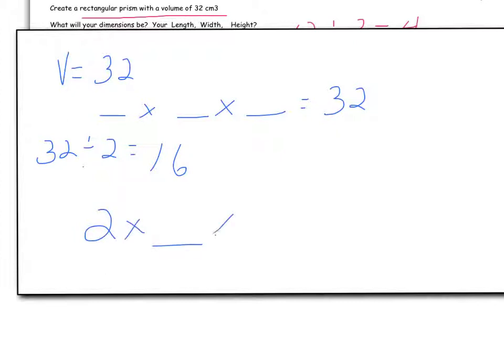And then something times something, that's 16. Maybe 4 times 4. Or maybe 2 times 8. Do those both equal 32? Well, let's check. 2 times 4 is 8. 8 times 4 is 32. Yep, that works. 2 times 2 is 4. 4 times 8 is 32. Yep, that works. What else could we do?